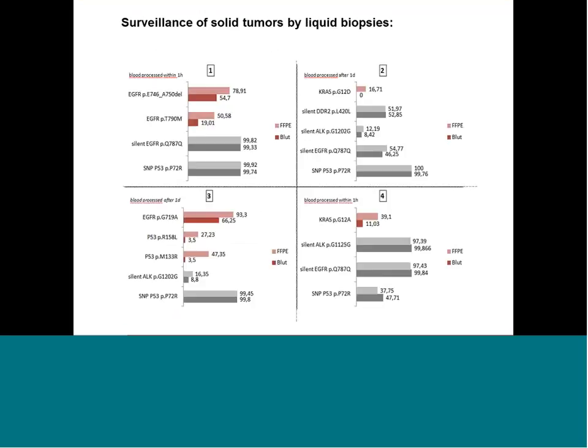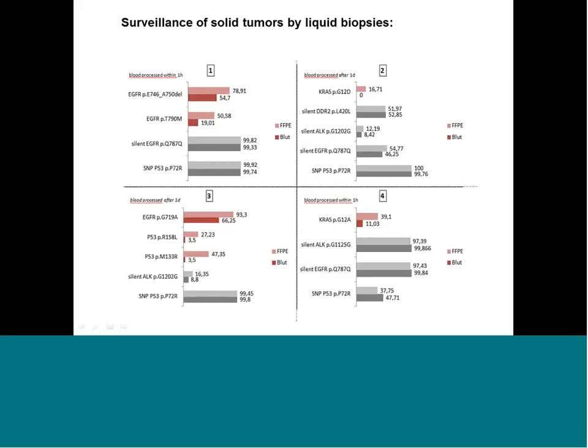And surveillance, this has also been a question more recently. Can we monitor these mutations also in the blood of patients? And indeed, this is a very beautiful example, a typical exon 19 deletion mutation in exon 19 of EGFR. Patient received Tarceva, and in the blood we found this T790M mutation. If you remember my first patient, so we don't have to rebiopsy these patients, but we can detect the mutations in the blood.